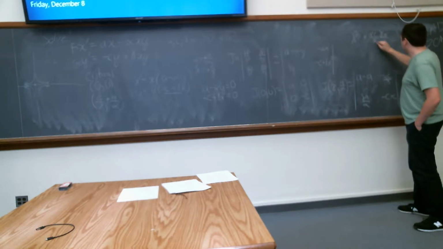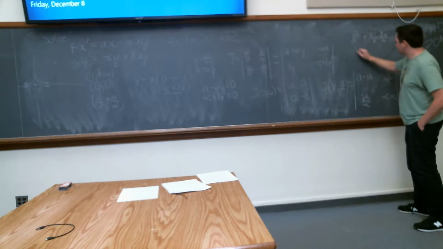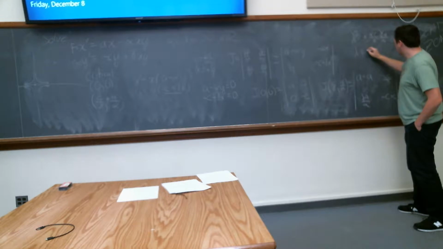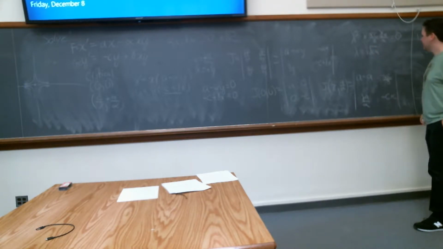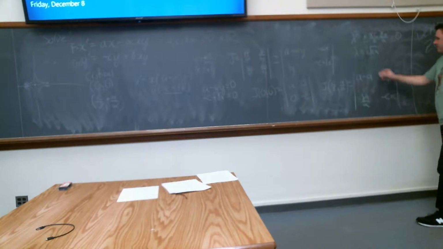So what do we get? Cancel, cancel, cancel, cancel. So what is this? Lambda equals i root CA, plus or minus.